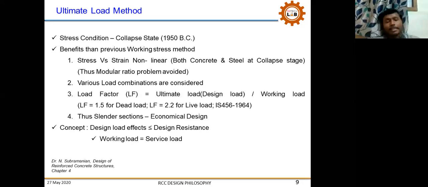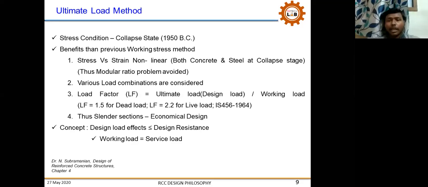I will give you a better example. The ultimate load method is like designing a handbrake for a car. You can pull a handbrake while driving if you want to bring the car to a sudden stop, because brakes are intended to bring the vehicle to a stop, right?